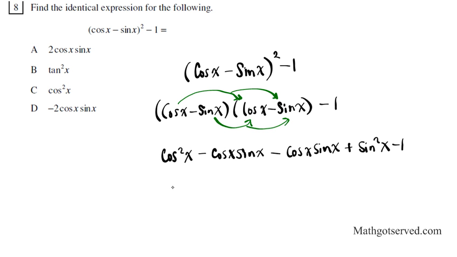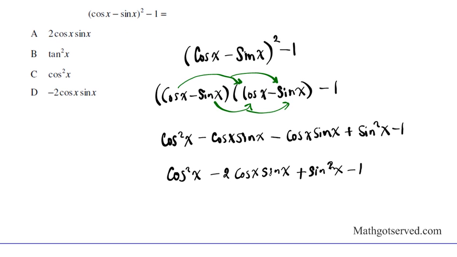Okay, so let's condense it further. We have cosine squared x minus 2 cosine x sine x plus sine squared x minus 1. And then we can commute this sum, so write it as cosine squared x plus sine squared x minus 2 cosine x sine x minus 1.